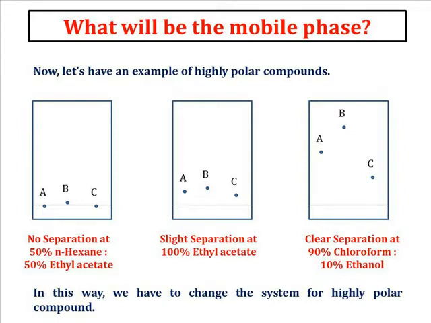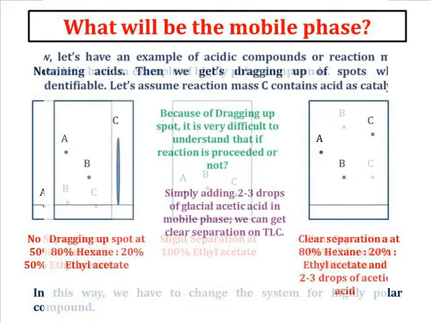Just take 95% chloroform and 5% ethanol and try to run the TLC. If you are getting a clear separation, then this is your appropriate solvent system. Or if you still want more polarity, you can go on increasing the quantity of ethanol in your binary mixture. So in this way you can have a highly polar solvent system for the separation of highly polar compounds.